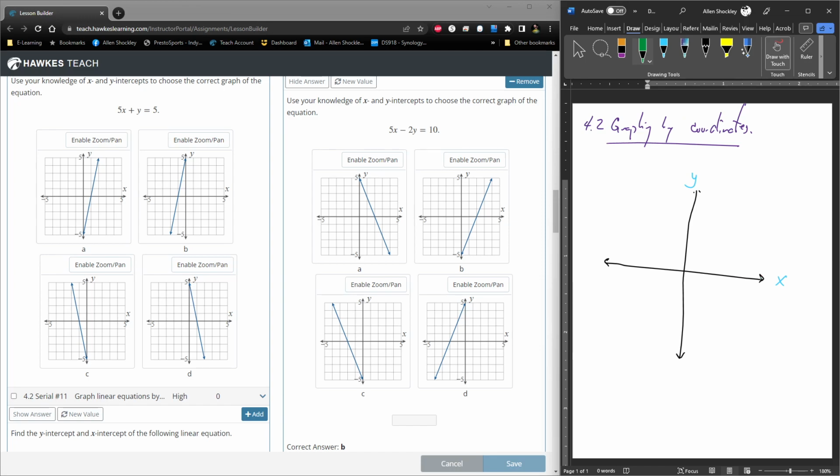So this is your x. Your x runs this way. Your y then runs this way. And what we're looking for is any of the coordinates that actually fall on these axes.